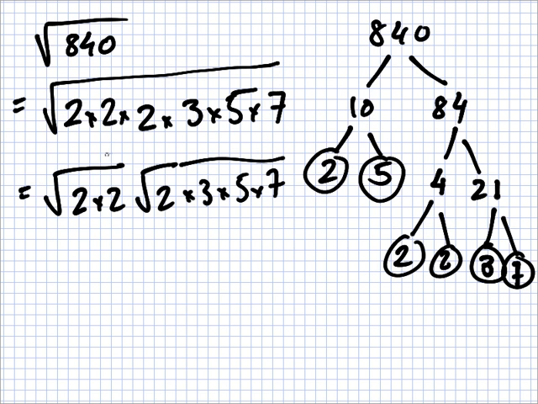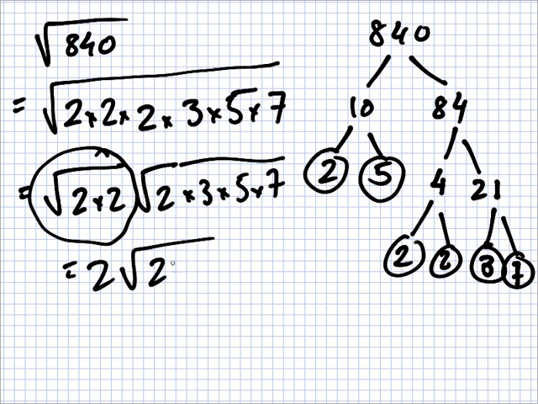Now, this one is nice. What does this become? 2. But nothing here. So I might as well just multiply them together to write as a single number. 6 times 5 is 30, times 7 is 210. So 2 root 210 is the best I can do here for this one.